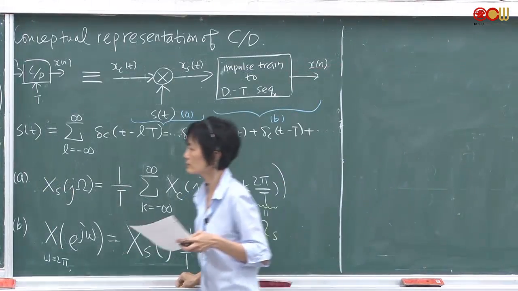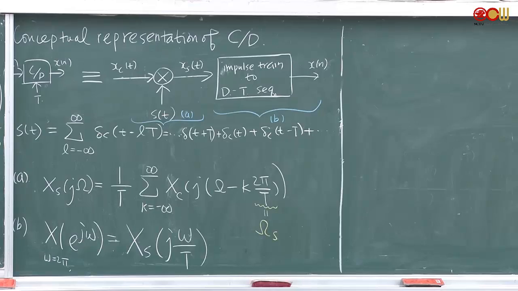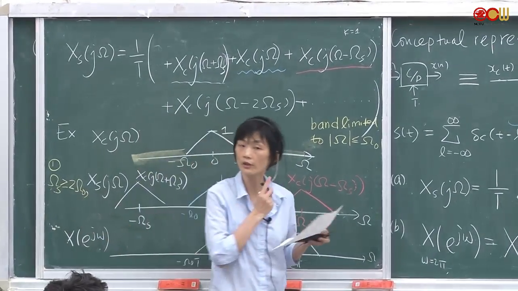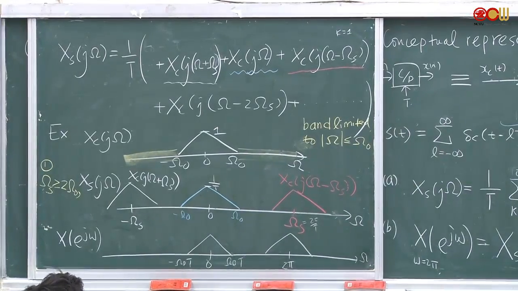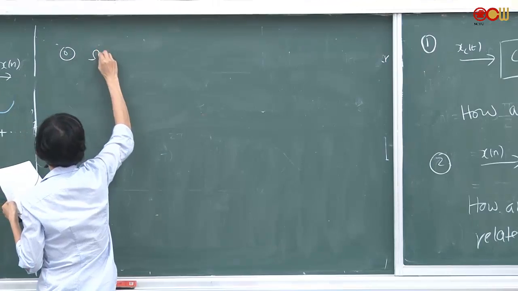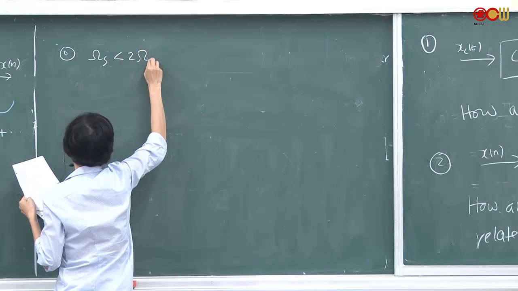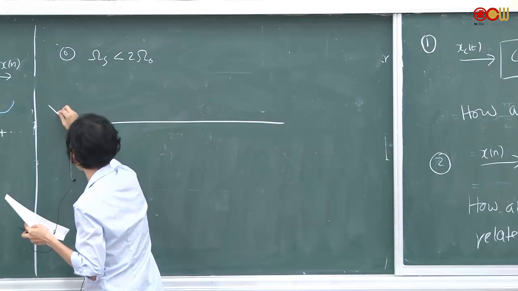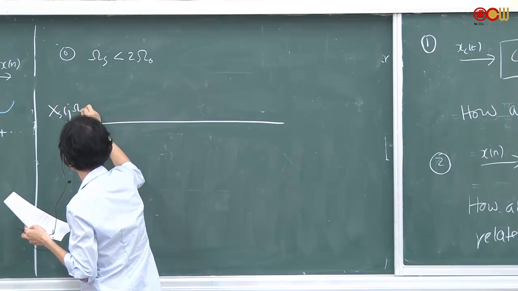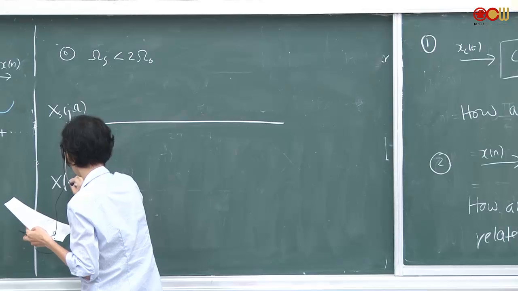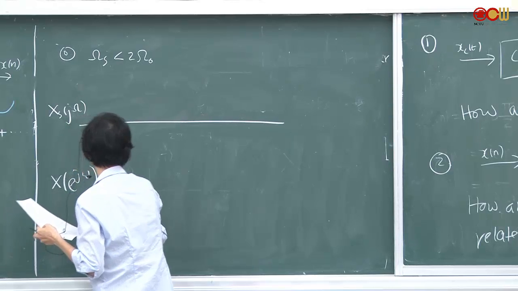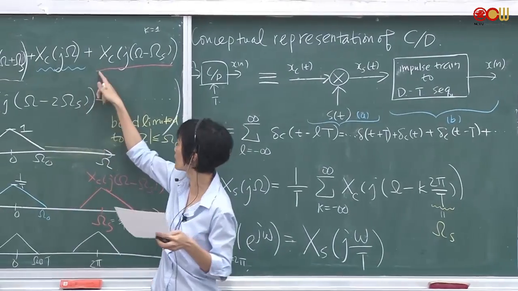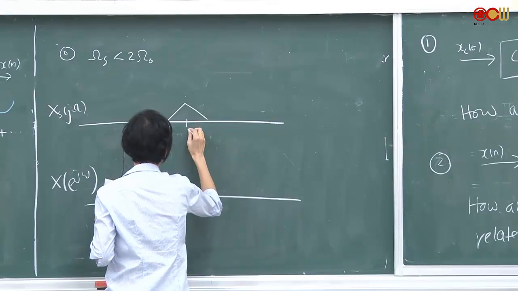Now, just now we used the example where omega s is larger than 2 times omega 0. Now let's try another example when omega s is less than 2 omega 0. We would have the same example. Let's draw X(j omega) and X(e^j omega). Xs is still related to Xc like so. First you would have a copy corresponding to k equal to 0.